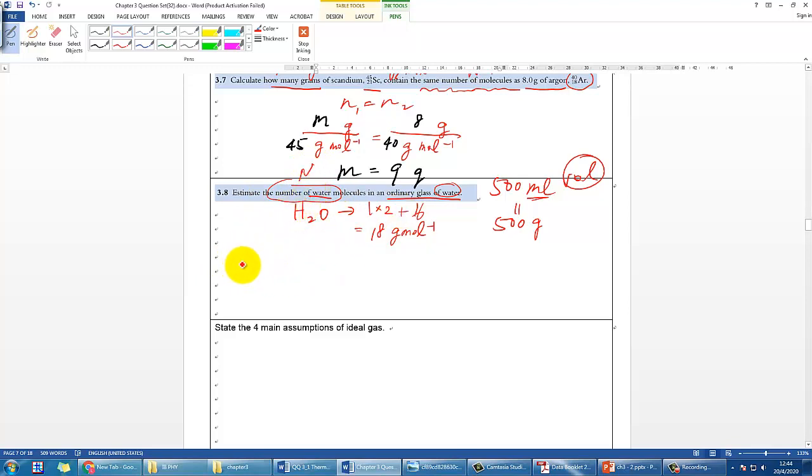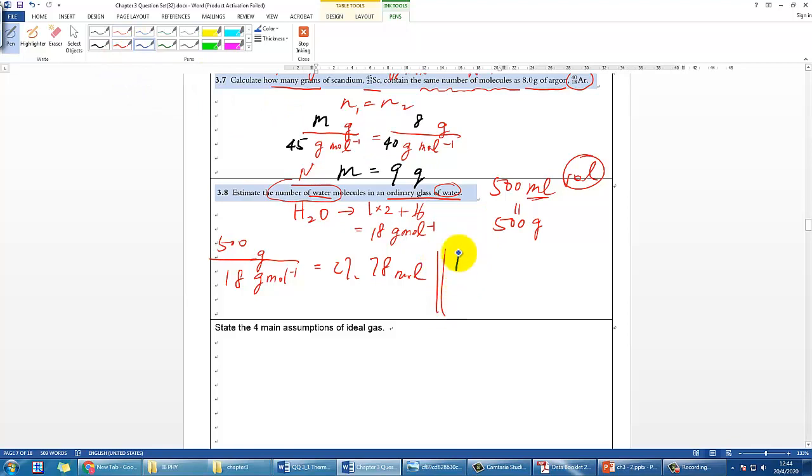So in order to find mole, again you would want to use gram divided by gram per mole. So you can find the mole number, and that will be 500 over 18, and then you will get, using your calculator, 27.78 mole roughly.